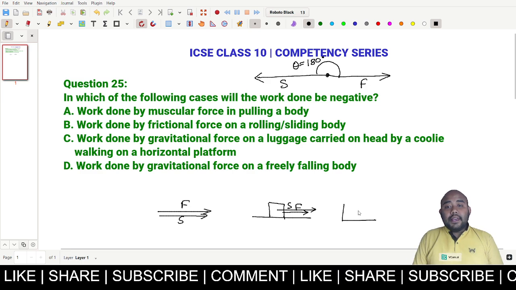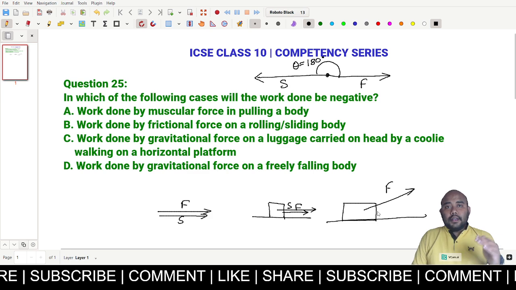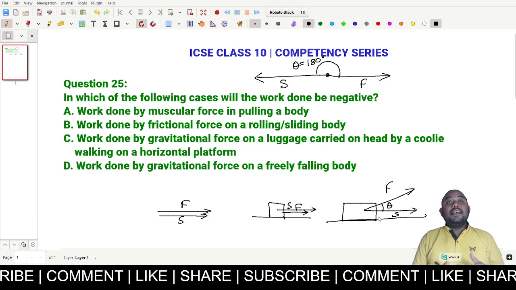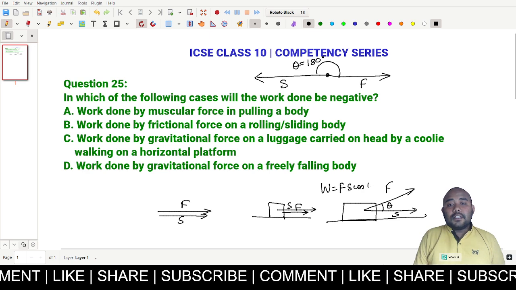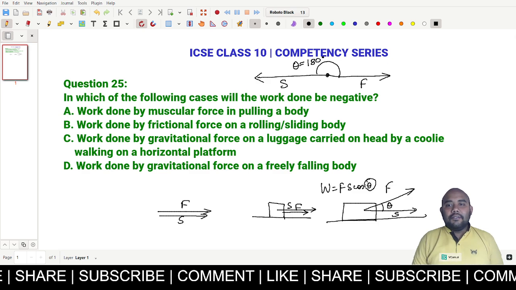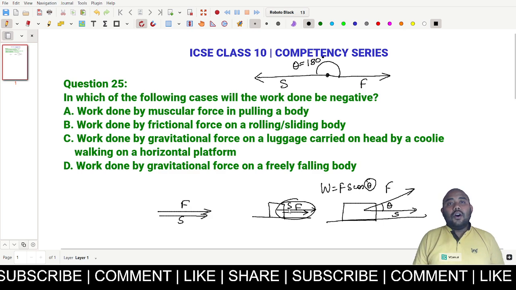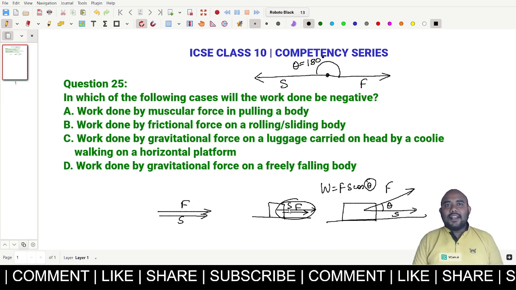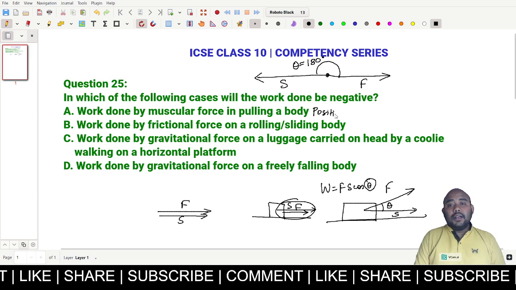And even if you are pulling the body at some angle, with the force at an angle and displacement taking place in this way, this theta is less than 90 degrees. So work done is equal to Fs cos theta. Cos theta for any value less than 90 degrees will always give you positive work only. So even if theta is 0 or less than 90 degrees, the work done is positive. So this first case is a case of positive work done.